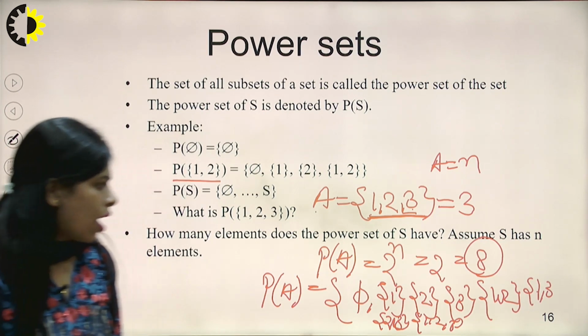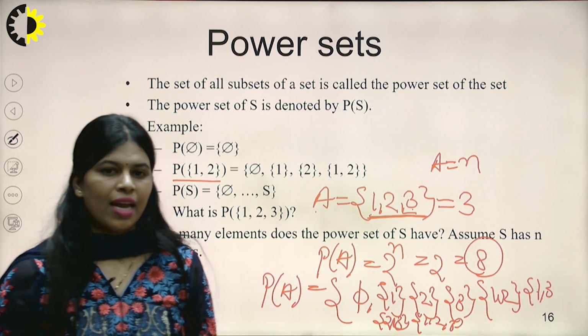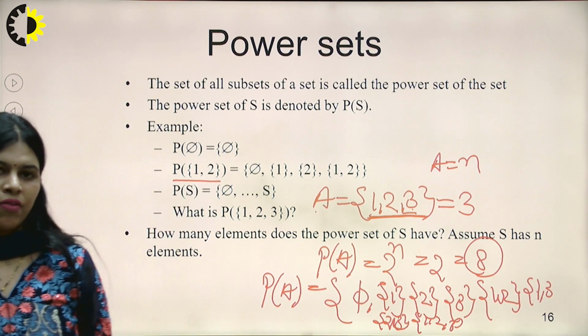So these are the 8 elements of the power set.